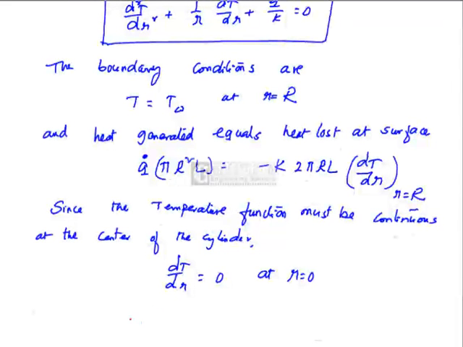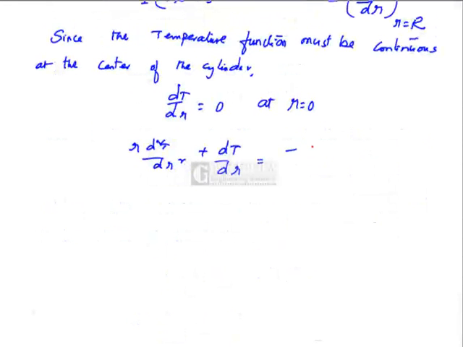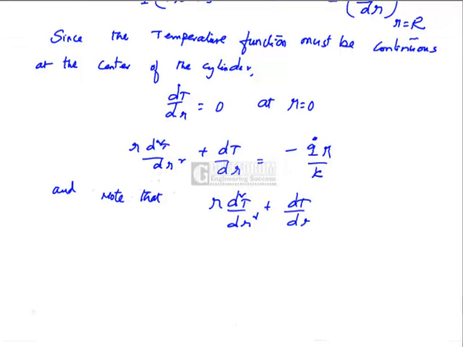So rewriting the differential equation, r d²T/dr² plus dT/dr is equal to minus q dot r by k, and note that r d²T/dr² plus dT/dr is equal to d/dr of r dT/dr.